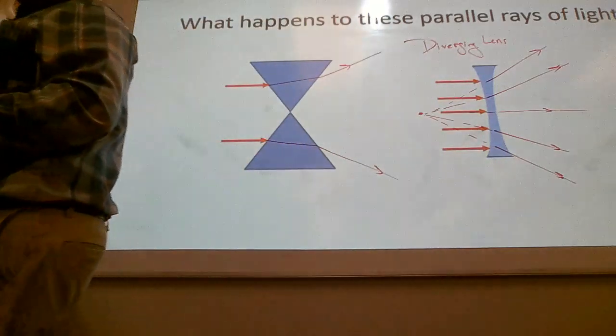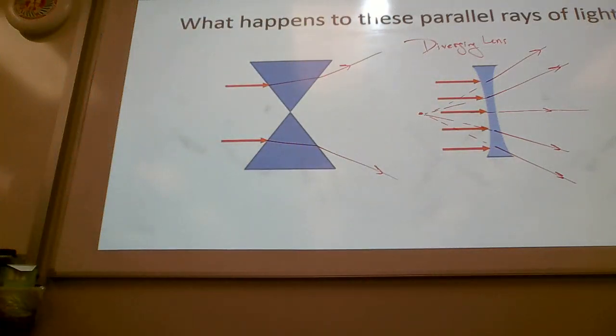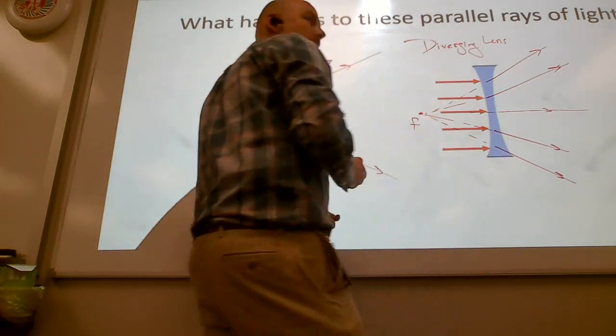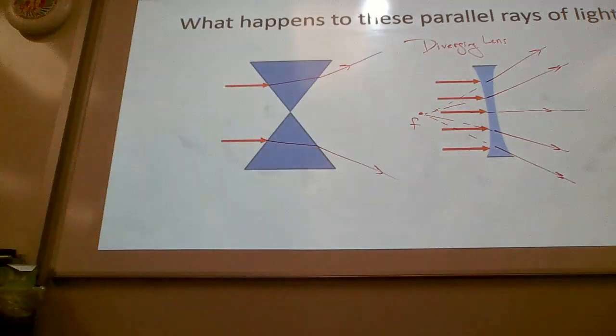It's a diverging lens, and it goes away from the focal point. Did you see that in the lab yesterday? Okay.